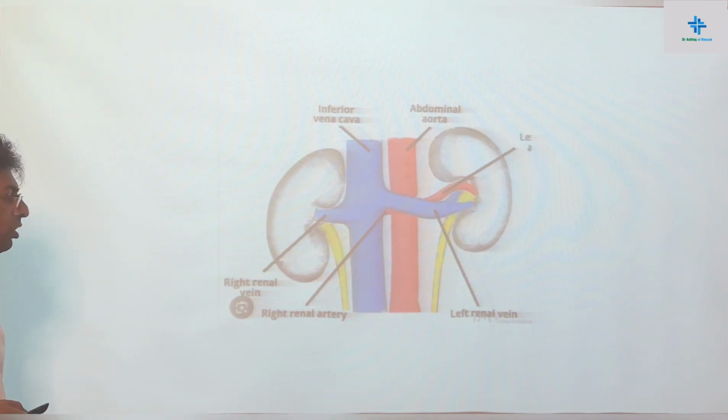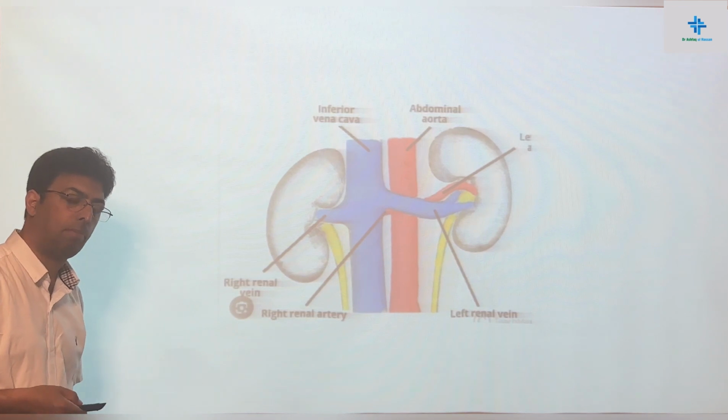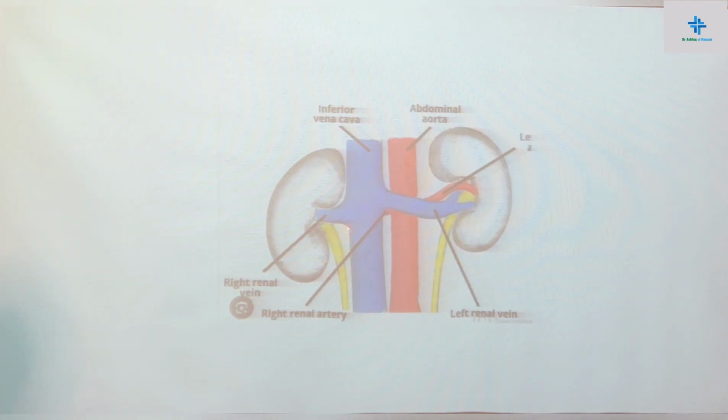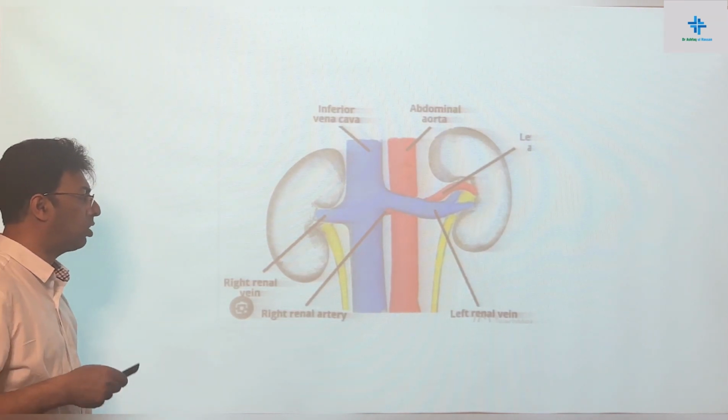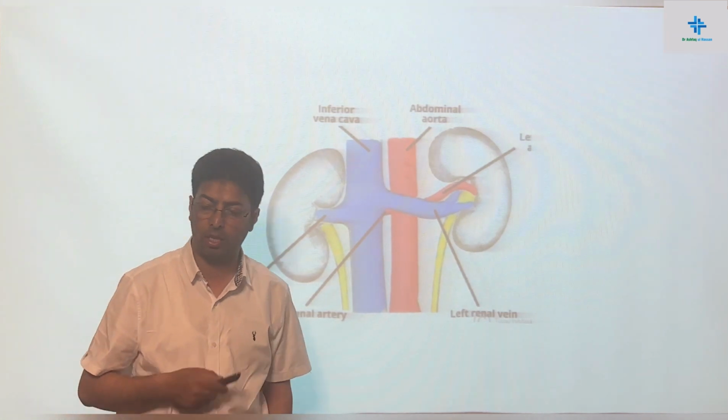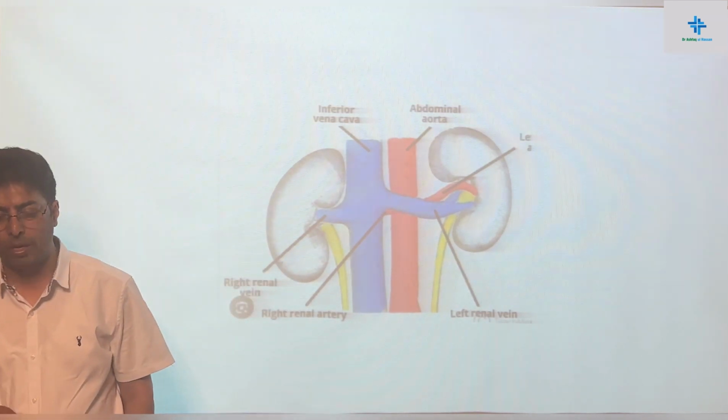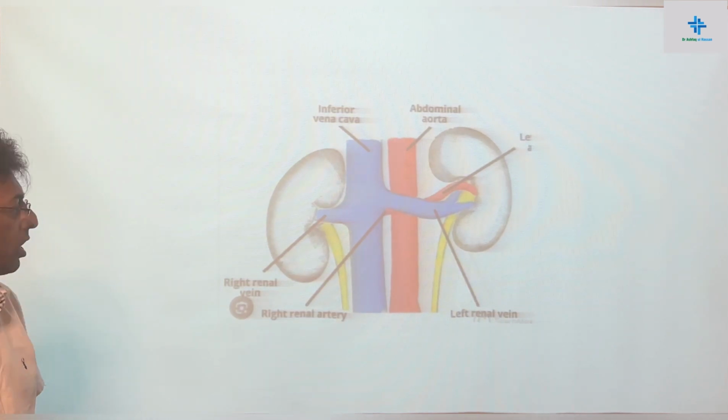Again, the vascular supply, the renal artery over here, a branch of the abdominal aorta, supplying the kidneys, and then they divide into segmental and subsegmental branches. The veins also follow the same pattern. They also arise from subsegmental and segmental branches and eventually drain into the inferior vena cava. Why I mentioned this slide is that this pattern of vasculature is common and normal, but it is subject to a lot of variation.